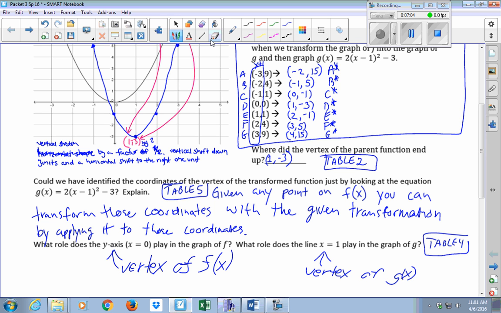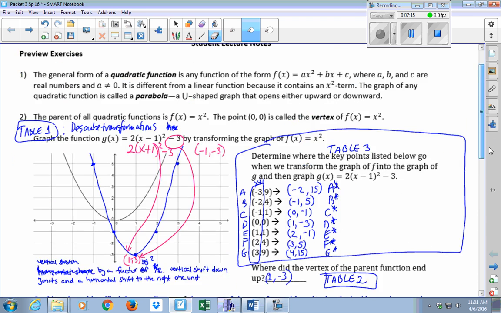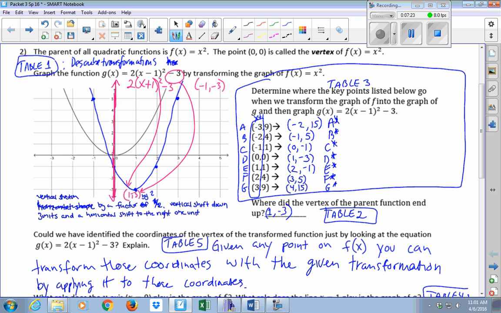But it's asking about the role of the vertical line in each one of these. So let's take a look at that. The vertical line x equals 0 is more famously known as the y-axis. So what is the role of the y-axis with my parent function, which is this black? We've got so much going on here, but just our parent function. What's the role of the y-axis?